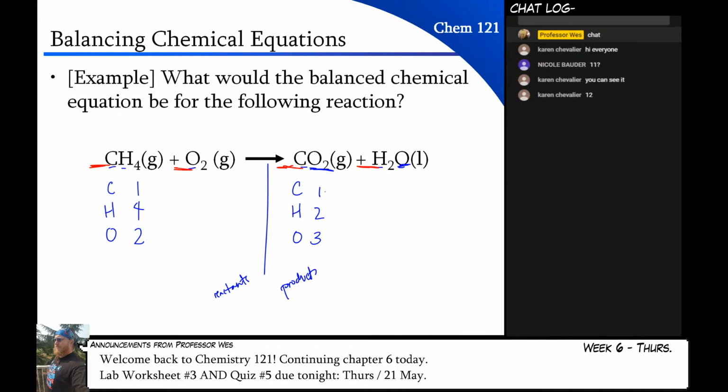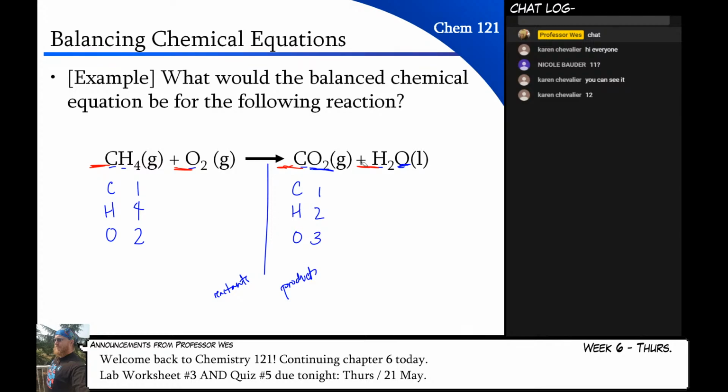I have 1 on both sides. So in this spot and this spot, putting a number would wreck that, unless I put the same number. So me putting a 2 in front of CH4 will make things worse. I will not be balanced. In fact, I will be less balanced than before. That means that my starting move is probably going to be in front of the oxygen or in front of the water.